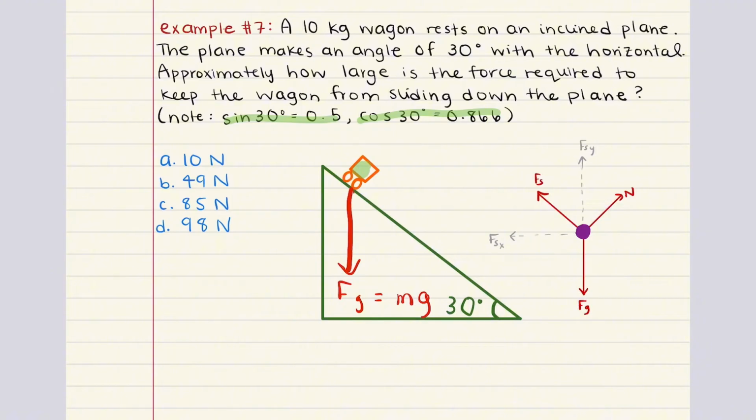Then, the second force that's acting on this wagon is the normal force. This is the force exerted by the surface of the inclined plane, and it acts perpendicular to the plane. It counteracts the perpendicular component of the gravitational force, preventing the wagon from accelerating through the surface.